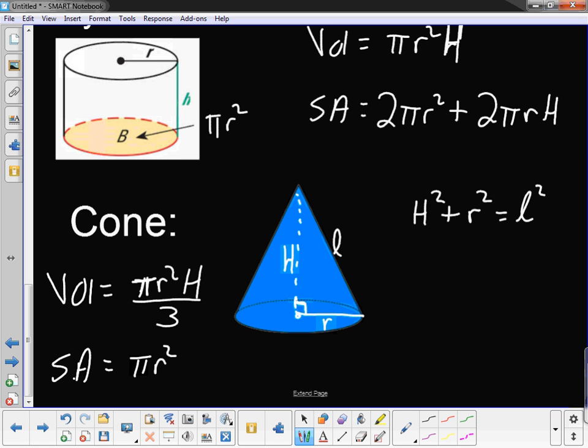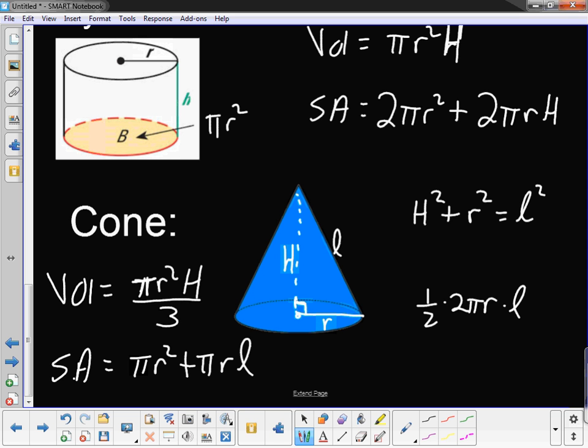But the height is the L, that slant height, and the base is the distance around the circle. So I would take 1/2 times the circumference times the slant height. But half times 2 is just 1. So my formula says it's pi times the radius times the slant height.